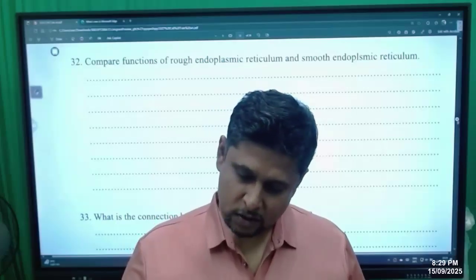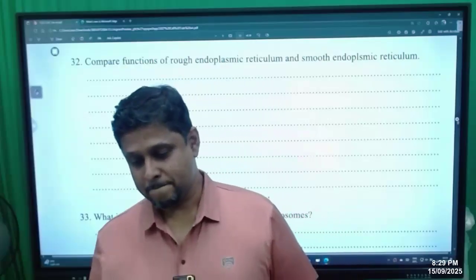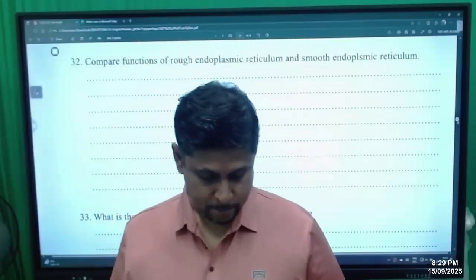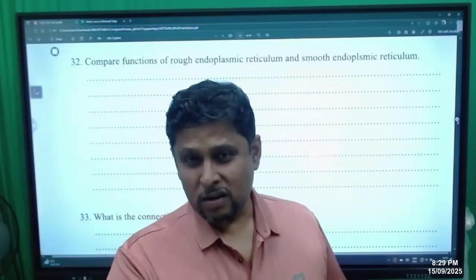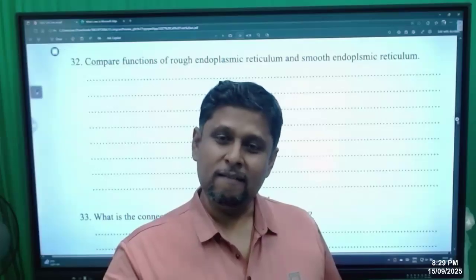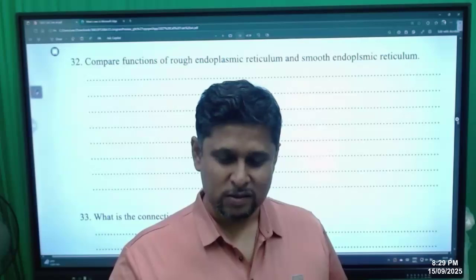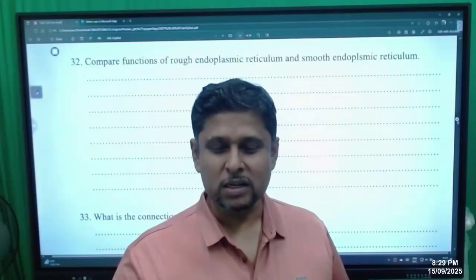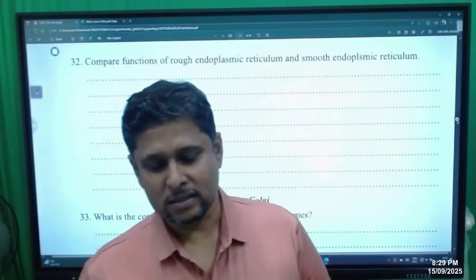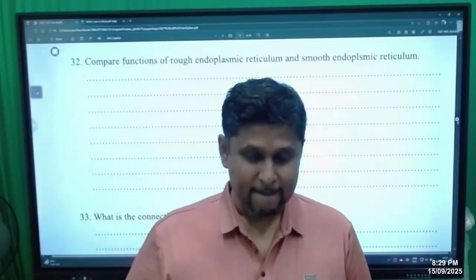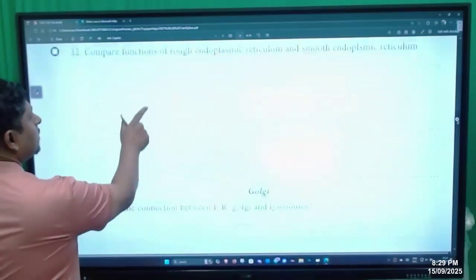SER synthesizes oils and steroids. RER is not involved in detoxification and calcium storage, but SER carries out detoxification and calcium storage. I think writing that sort of answer is going to be sufficient.